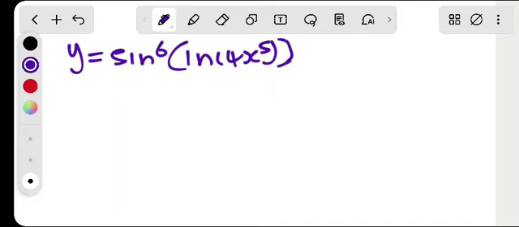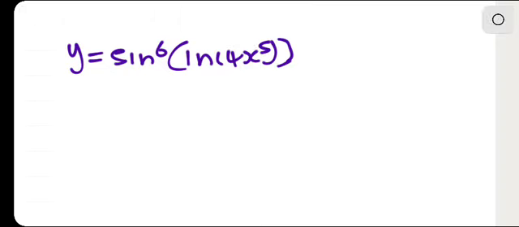Then you should differentiate this. How can you go about differentiating this typical question? You have to find dy over dx of this. You use the power rule, not the product rule. You multiply by the exponent, which is 6.